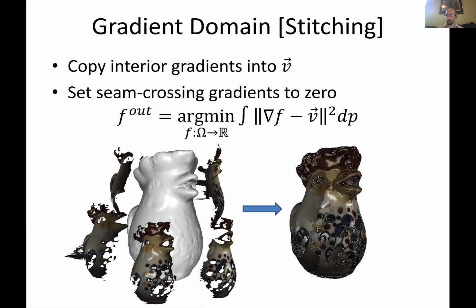Again, because of changes in perspective and camera parameters, you can map these onto the surface, but you get these discontinuities as you shift from one image to the other. Do exactly the same thing. You copy the vector field from the interior, you set it to 0 across the seams, you solve the associated linear system, you get a nice seamless texture on your surface.